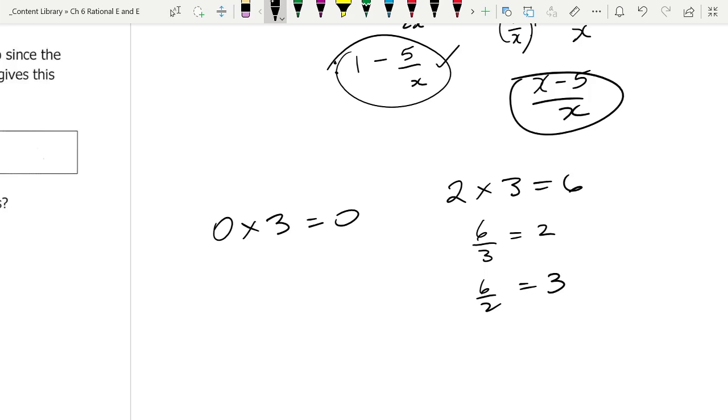Well, the answer to that is kind of no, because think about it this way. Multiplication is repeated adding, right? What is 2 groups of 3? Well, 3 plus 3 is 6. And then when I undo that, when I make the opposite statement, the division, well, the opposite of repeated adding is repeated subtracting.